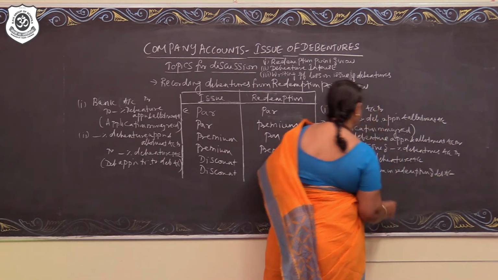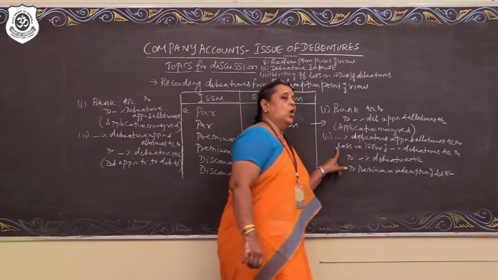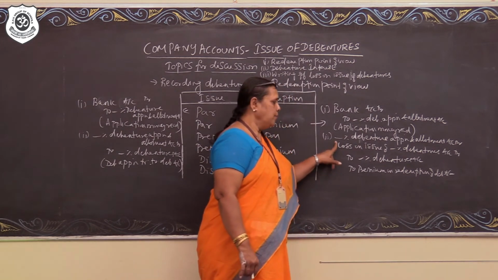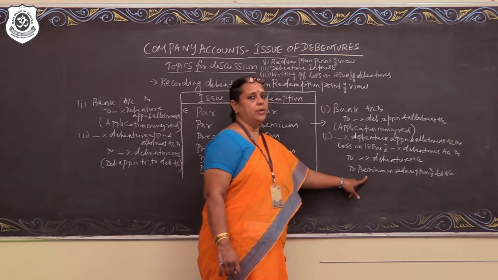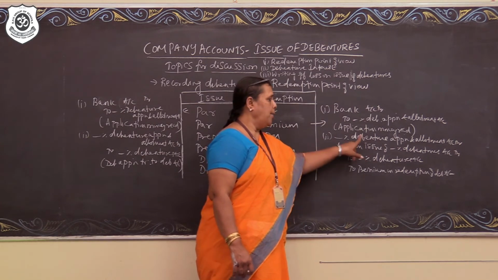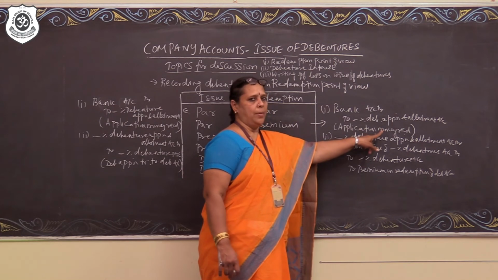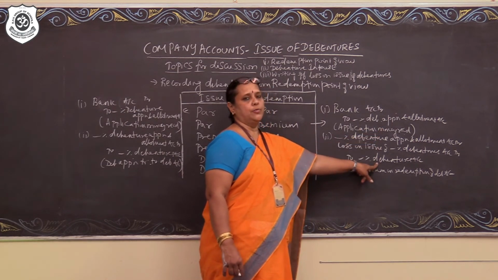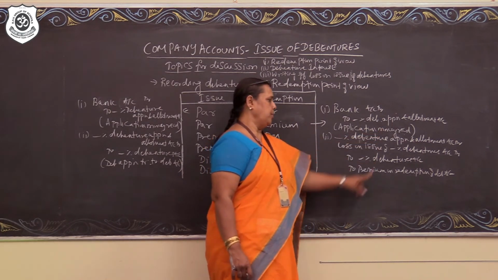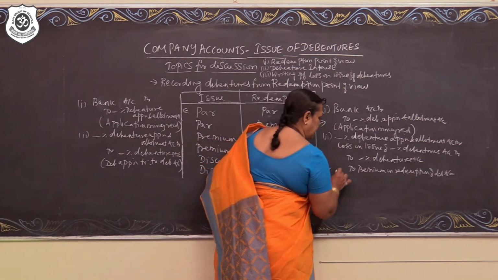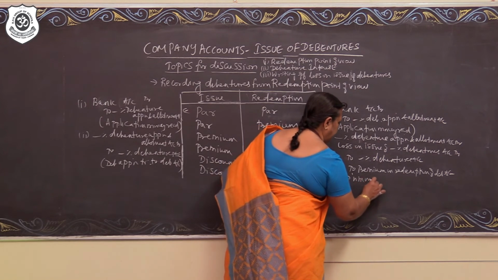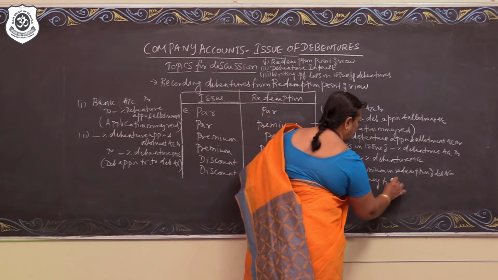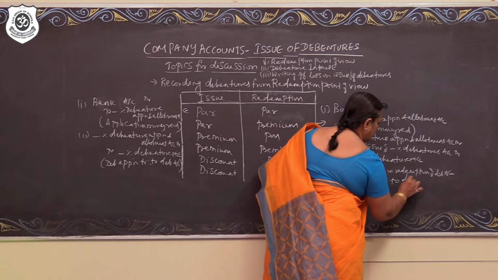So, we create an artificial account called loss on issue of debentures account, which is going to match with the amount that is credited to premium on redemption of debentures account. -% debenture application and allotment account will be the amount to be transferred to debentures account. Being same, entry narration will be the same: application money transferred to debentures account.